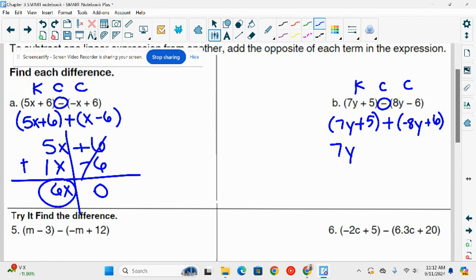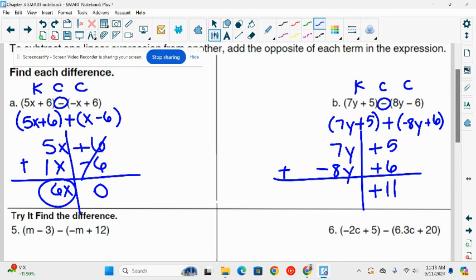So 7y plus 5 minus 8y plus 6. I get positive 11 on this side, and I get negative 1y.